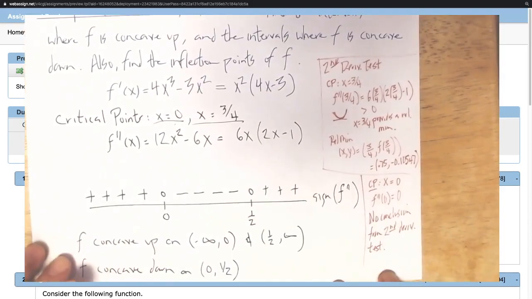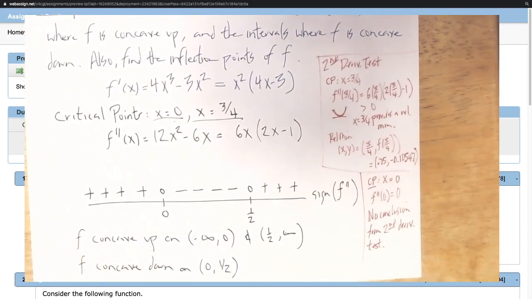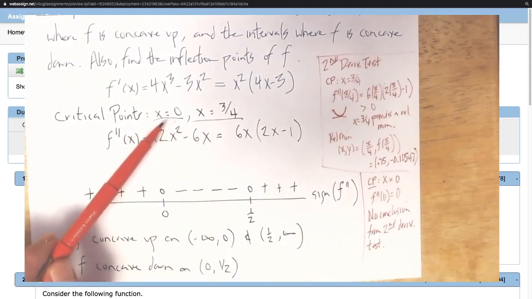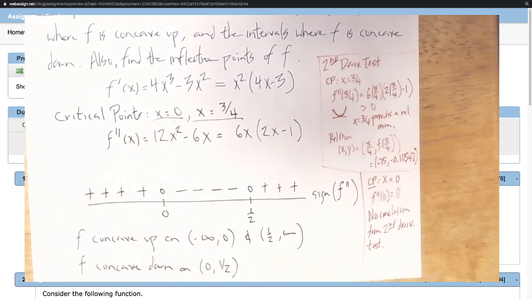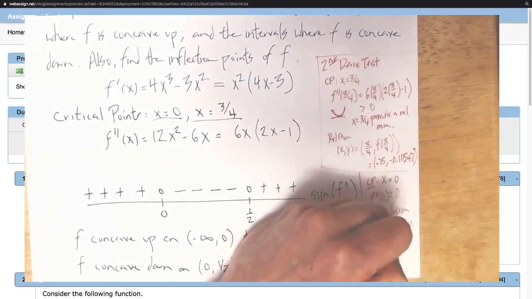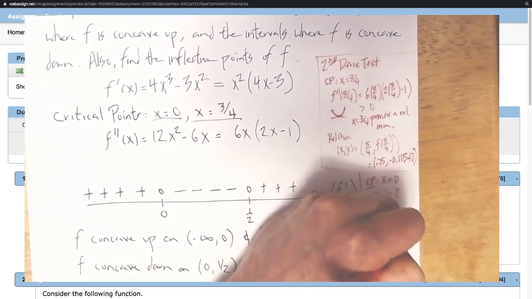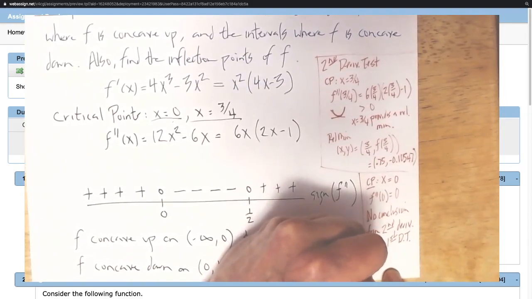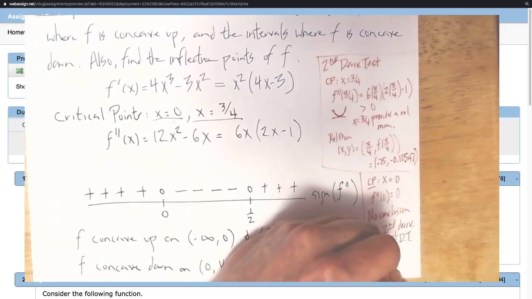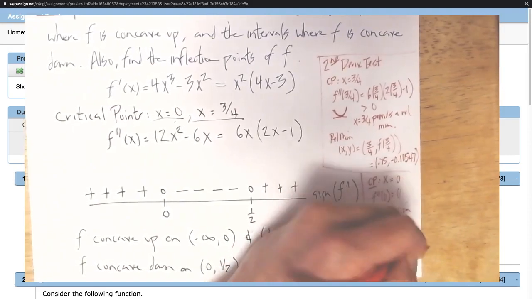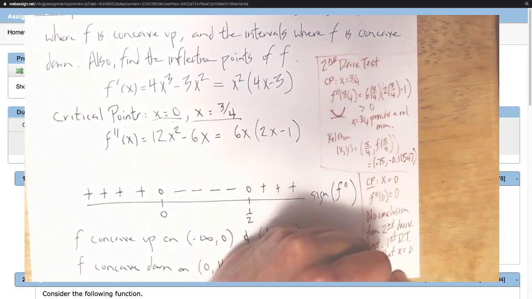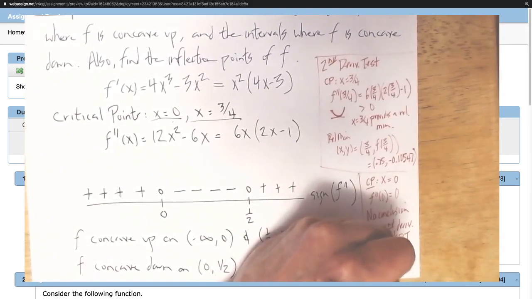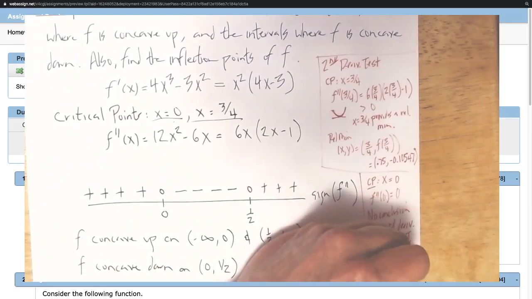Now, I won't do this right here, but if you go back and do the first derivative test for x equals 0, you'll find that the first derivative doesn't actually change sign. And so it turns out that x equals 0 is neither a max nor a min. So the first derivative test shows that x equals 0 is neither a max nor a min.